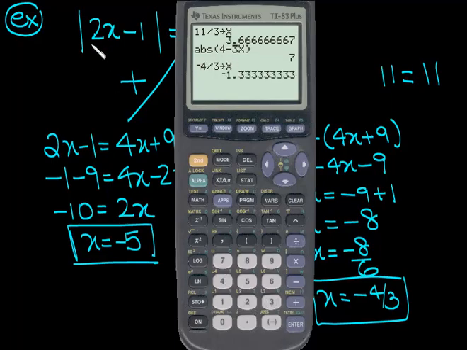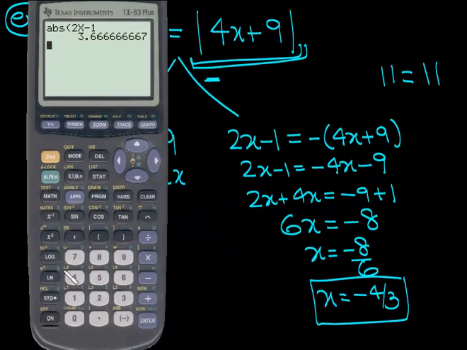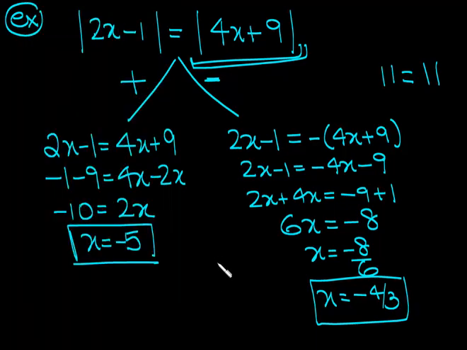Then we take absolute value of 2x minus 1, so you go second math, and we go 2x minus 1, we get that, and then to the other side we go math, we go 4x plus 9, and we get that. So that works too. Okay, so you can see in this case both of those answers work.